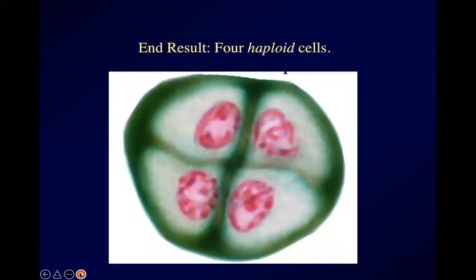And there's our end result. There we have telophase 2 with 4 haploid cells. Each one of these has one of each pair of chromosomes, and each chromosome consists of only one chromatid. Ta-da!